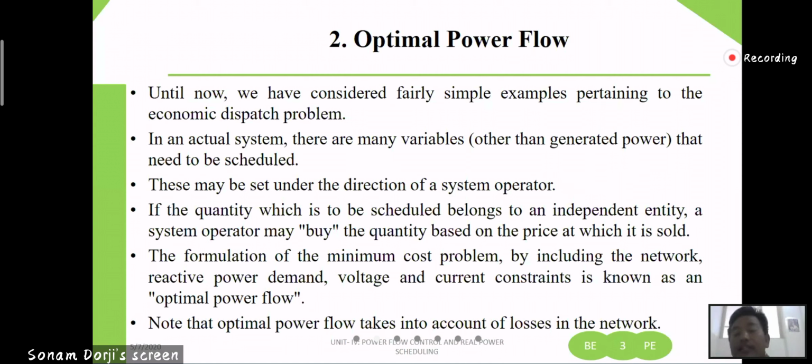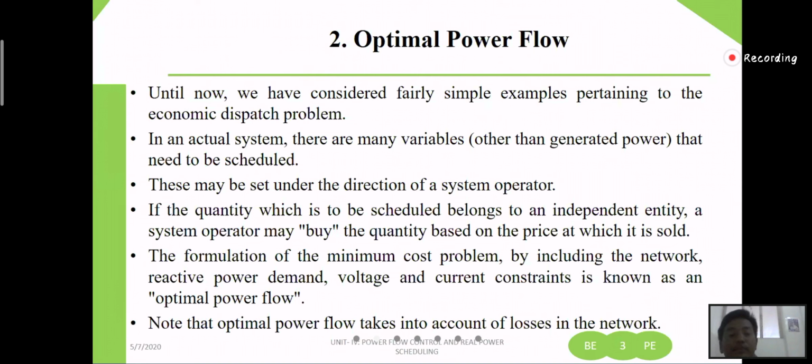Now in this slide, what I have said is that till now we have just considered a simple example. We have not considered any losses taking place in the optimization problem. In the actual case, there are many variables other than generated power that need to be scheduled.